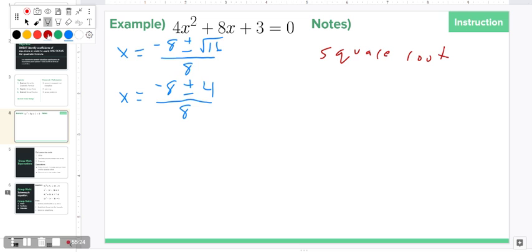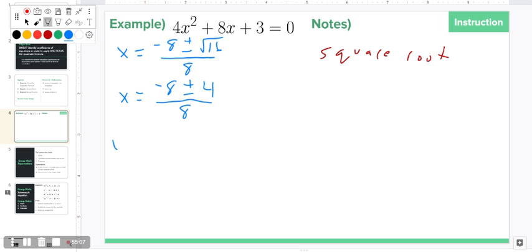Now here's when we handle this plus or minus sign. Okay, we have all numbers figured out, and we want to just take care of that plus or minus sign there. And we can do that by splitting our function. So now we're going to have two different solutions that we carry out.